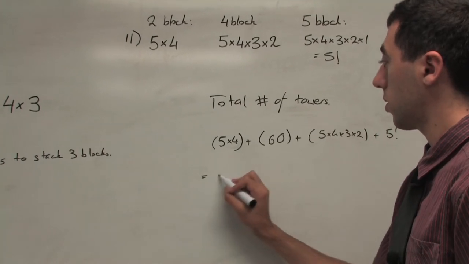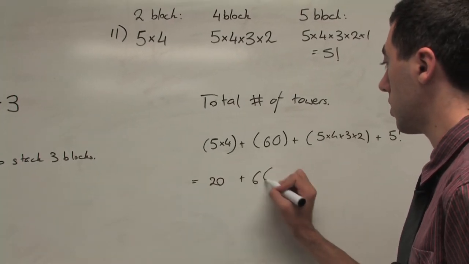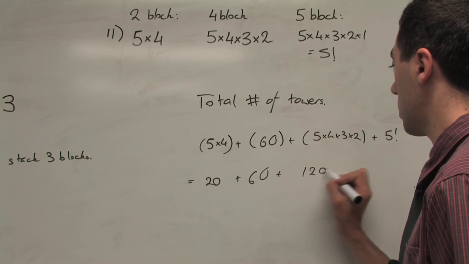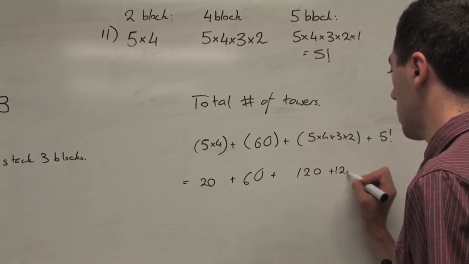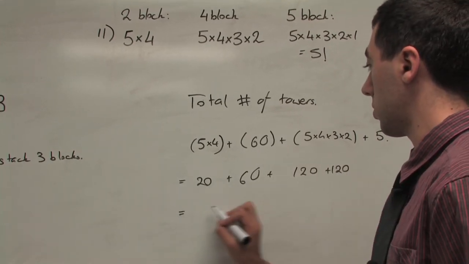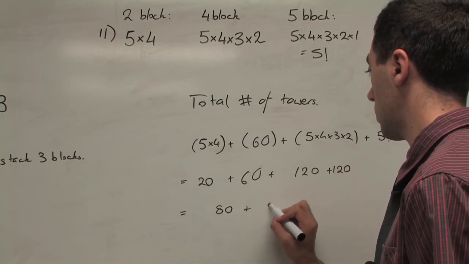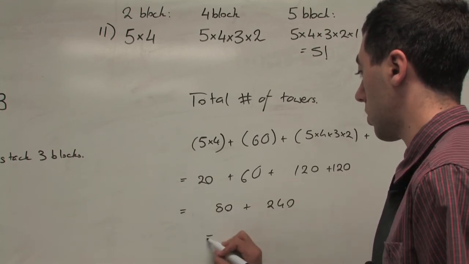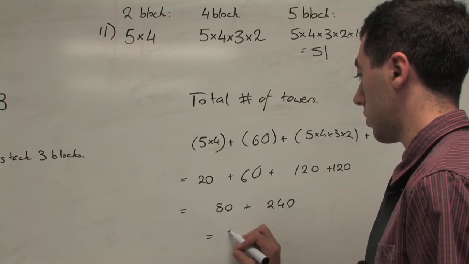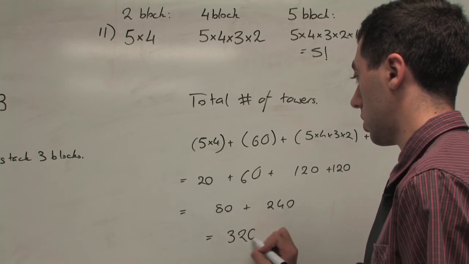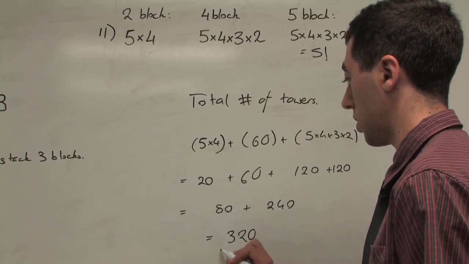And now this is 20 plus 60 plus 120 plus 120. And this is going to be equal to 80 plus 240. So the total number of ways is 320. And that's it.